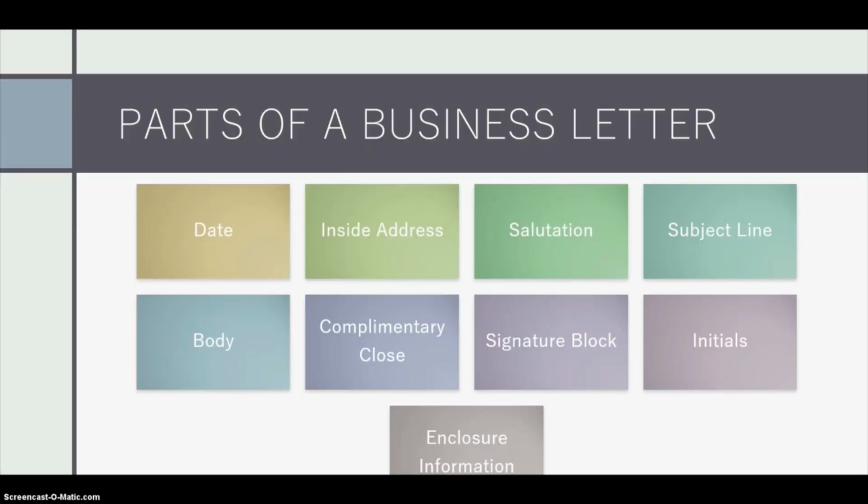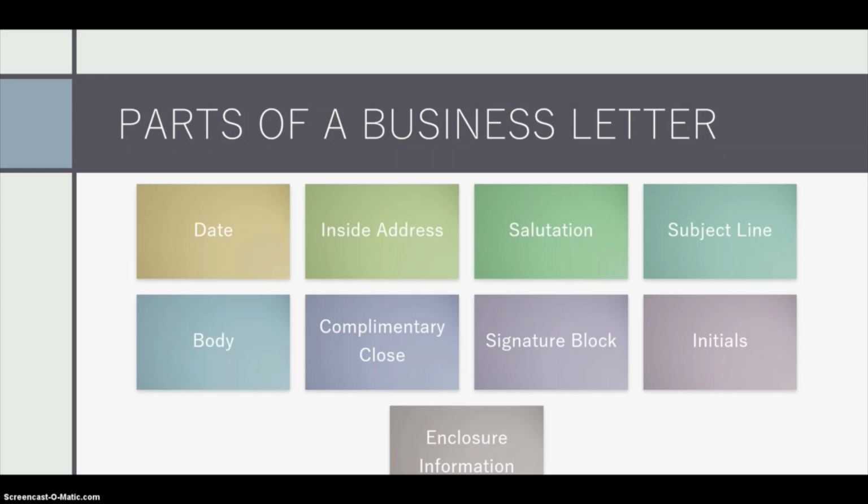So before we go to business letter, first you have to know the parts of a business letter. These are the items which you have to emphasize before we start composing a business letter. So for the purpose of document processing, these are the parts of a business letter.